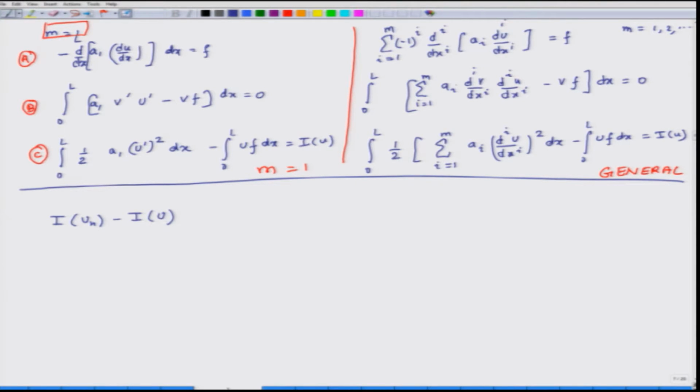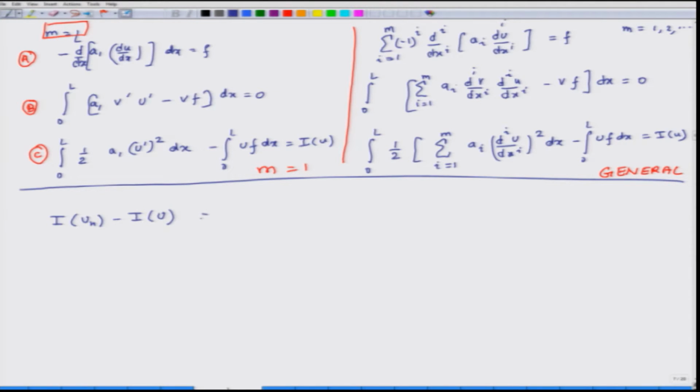So, I of u represents the energy associated with the exact solution, and I of u h represents the energy associated with the finite element solution. u h represents the finite element solution. So, I represents the functional associated with the finite element solution.